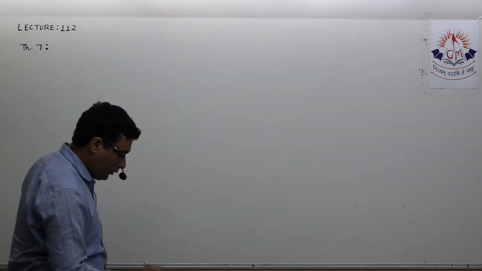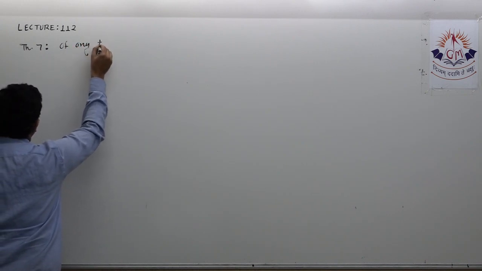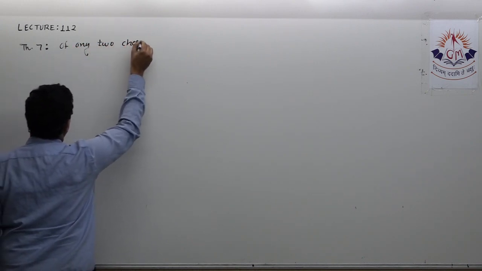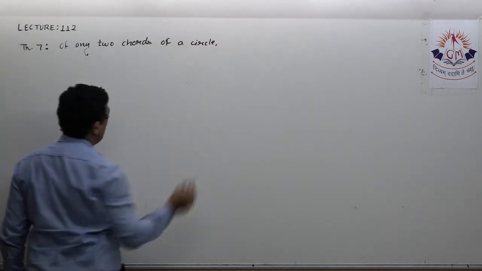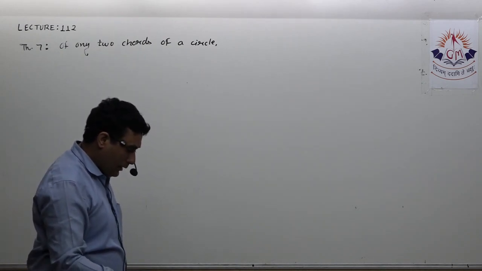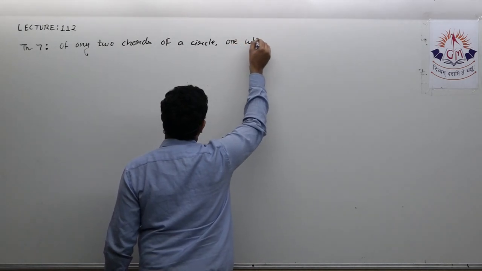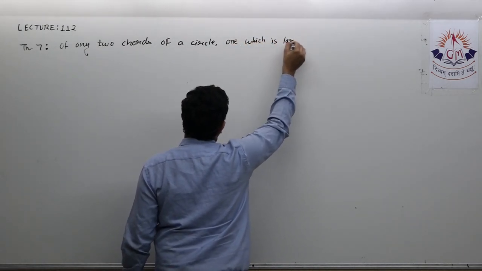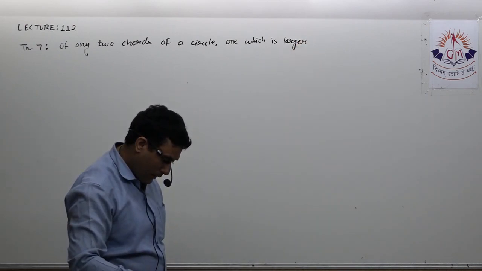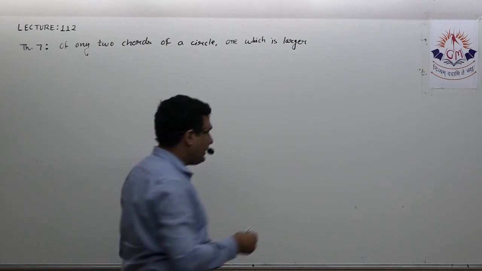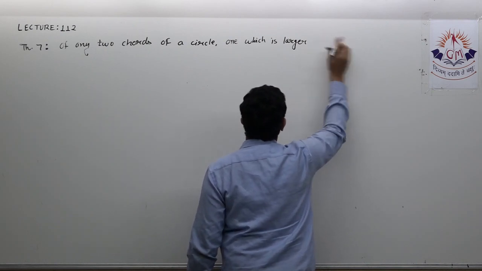Theorem 7 is: of any two chords of a circle, the one which is larger is nearer to the center.